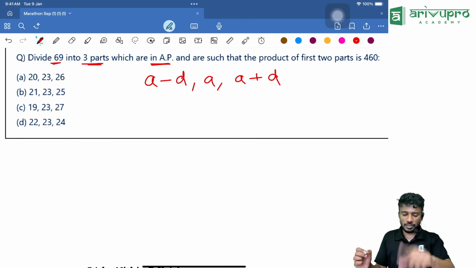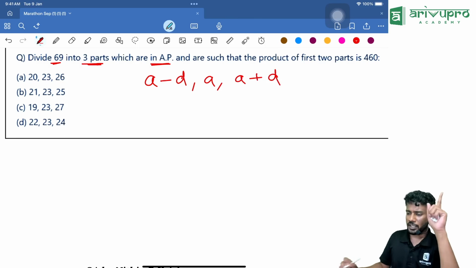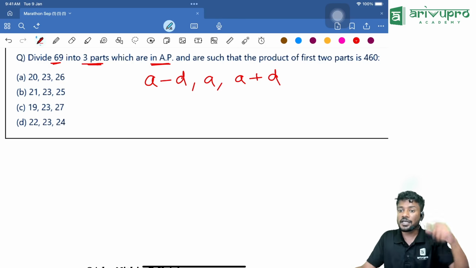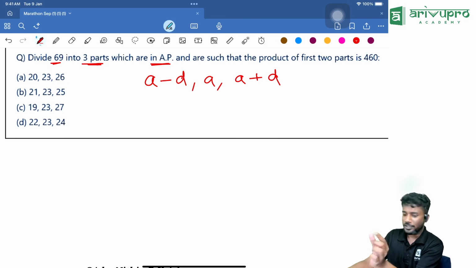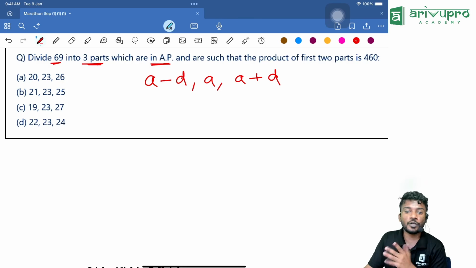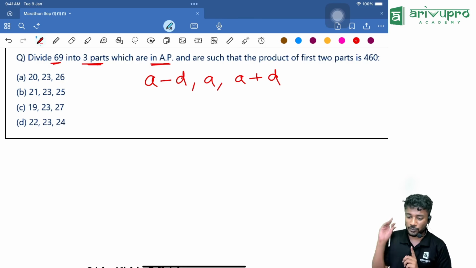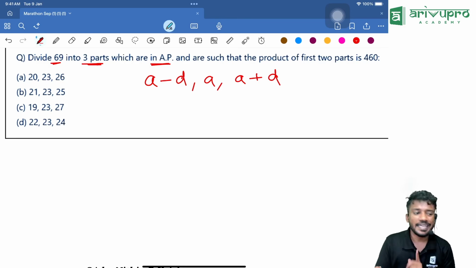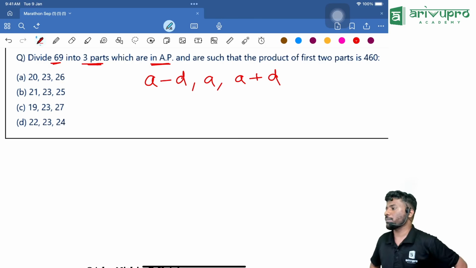Keep that in mind. Why am I showing you this? Because sometimes they will ask you which is the smaller part. If you are using option hitting, you will not be able to do it. So always remember, when we are dividing a number into 3 parts, we should assume it as a minus d, a and a plus d.